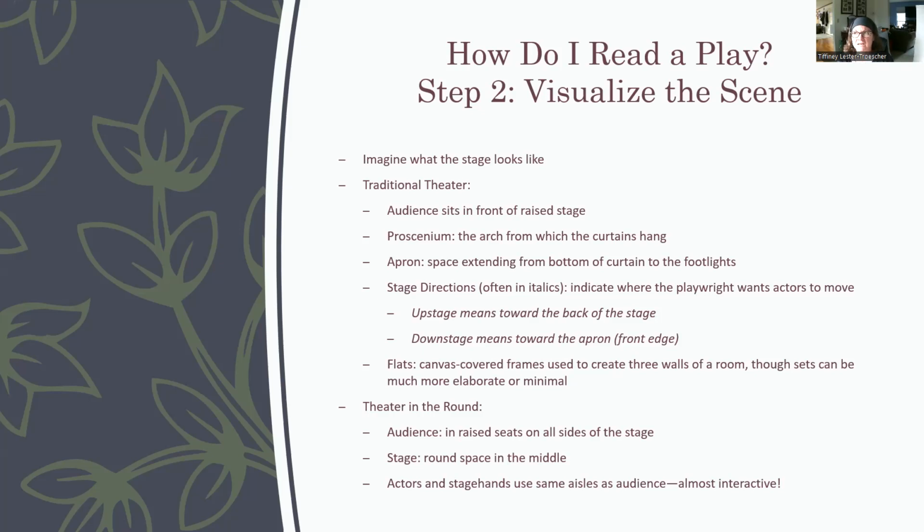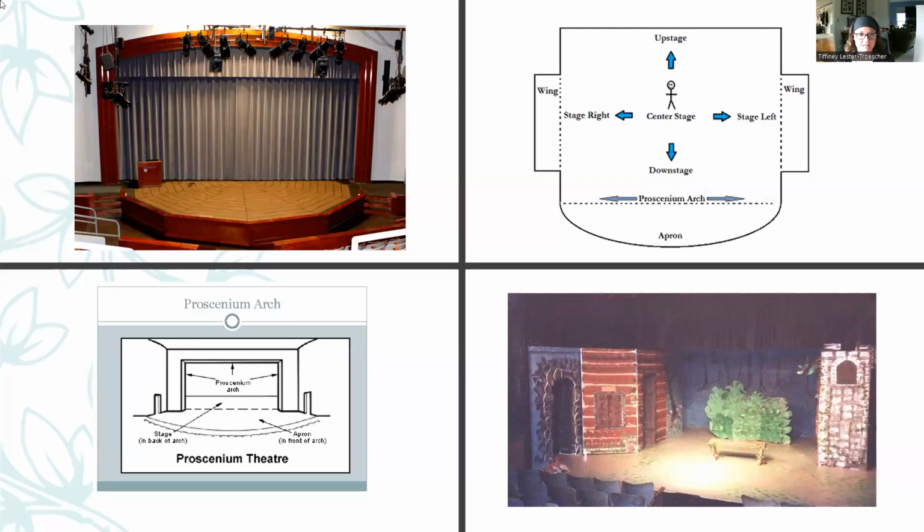But I think to go to a theater in the round these days, it would have to be at a pretty special location. Most of the plays that we would see going to any common theater these days would be a traditional theater. And this is sort of what it looks like. So you can kind of see here, this archway, that's the proscenium. So it's almost like it creates a frame, like a TV or a movie screen.